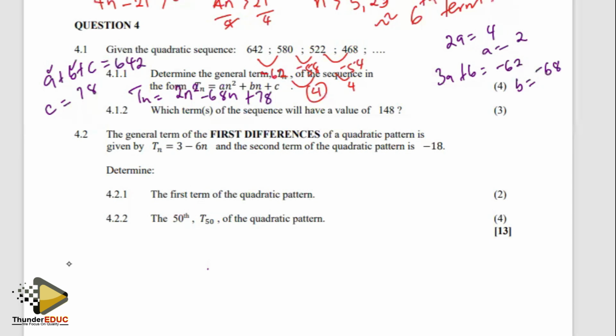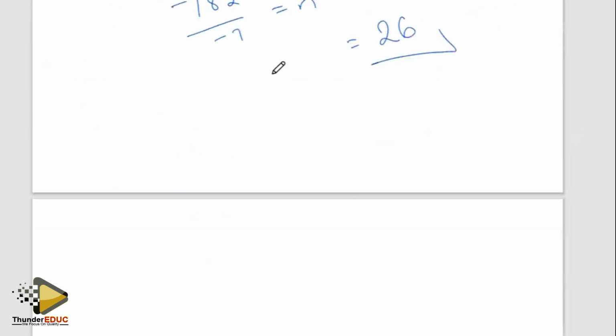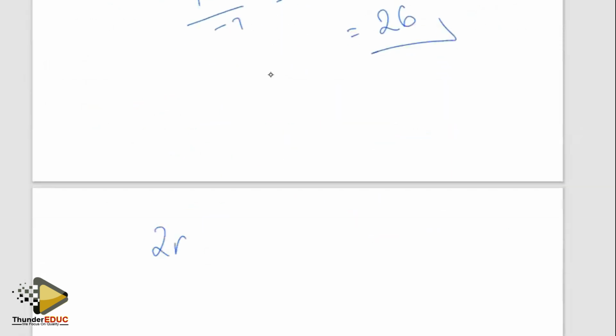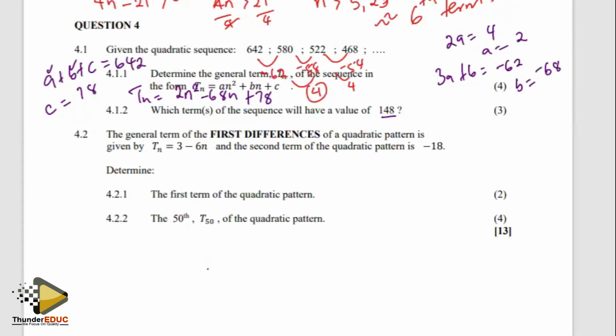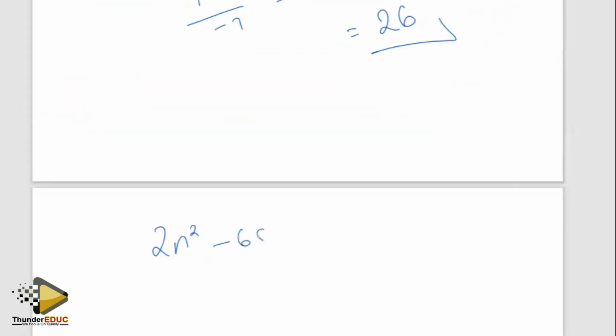Then which term or terms of the sequence will have a value of 148? Okay, so we said it's 2n squared minus 68n plus 78 should be equated to 148.